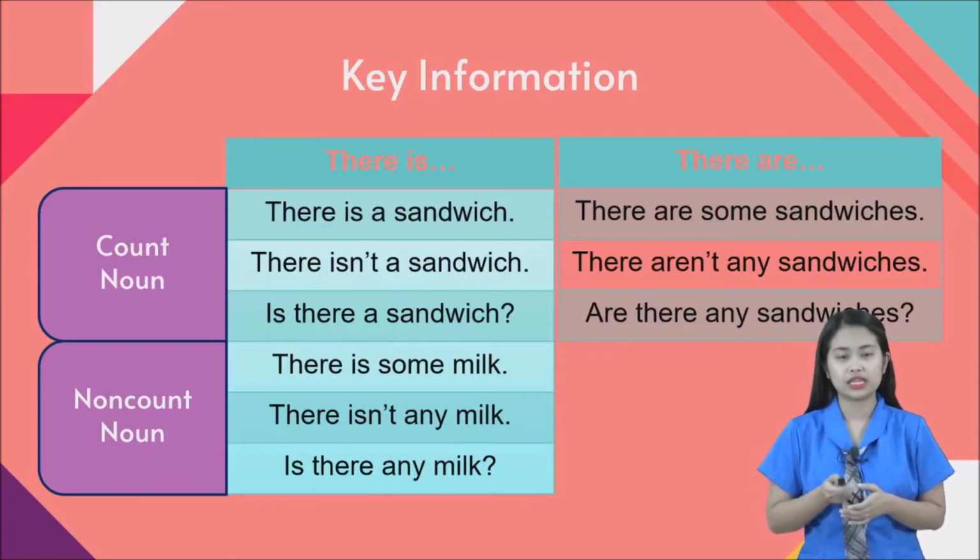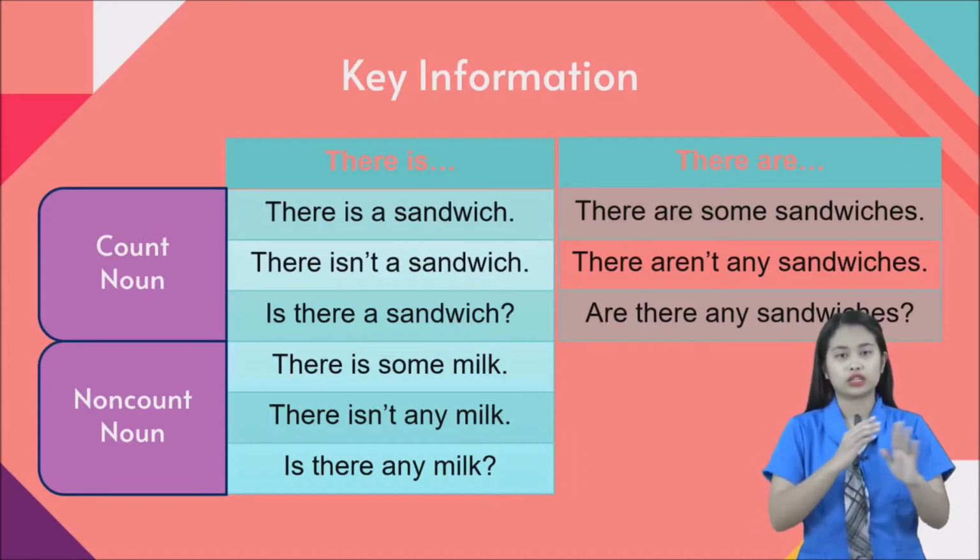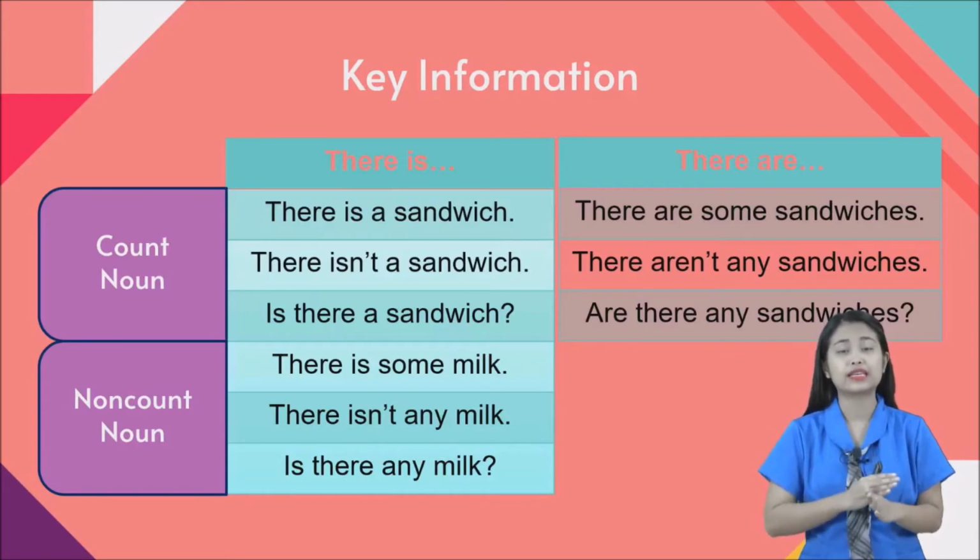And the next one is, is there a sandwich? Here, sandwich is a count noun and it is only one, so it is singular, so we are going to use there is. You aren't going to use some and any here because it is only one.